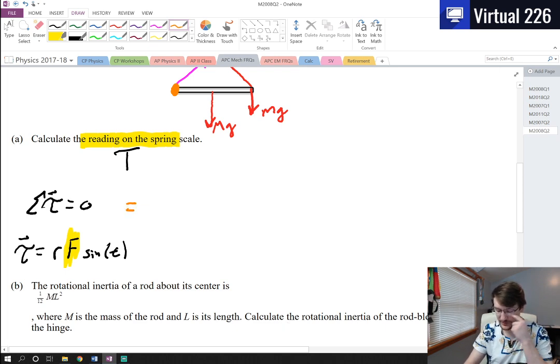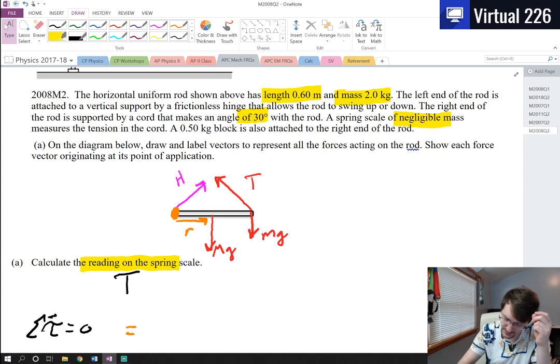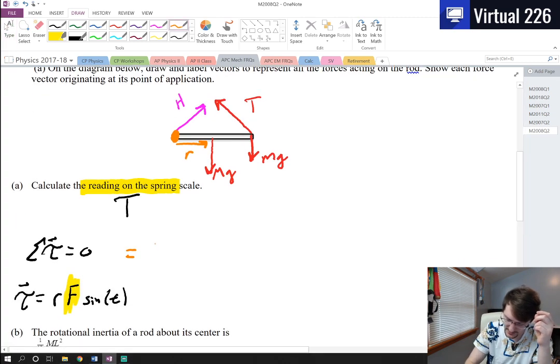When we go ahead and look at our torques then, to set them equal to 0, we have the weight of the rod. And it is a distance away from the hinge itself. Since the rod was 0.6 meters, this distance is 0.3. So we can say for the rod, it's going to be 0.3 times mg.